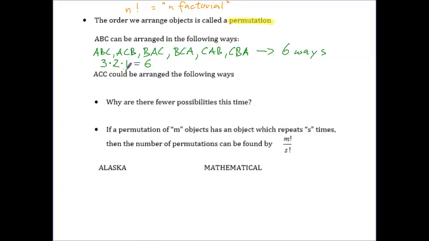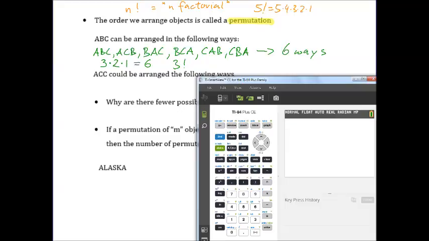So what we had down here in our example with ABC, we have 3 factorial, and that is 3 times 2 times 1. If we had 5 factorial, for example, that would be 5 times 4 times 3 times 2 times 1. And the way we can calculate this easier than doing it in our heads is using our calculator that has a special function for that.